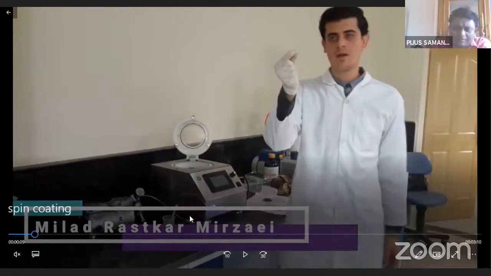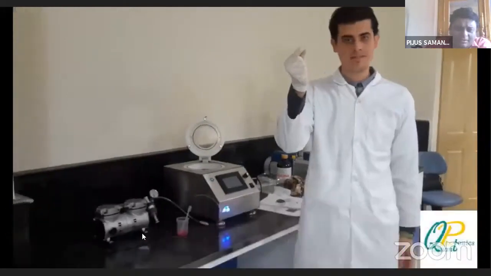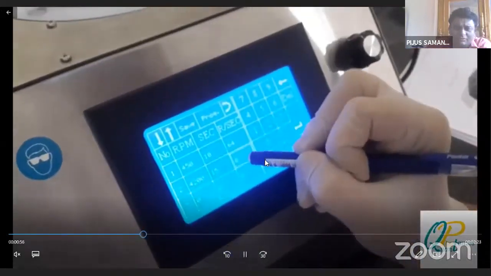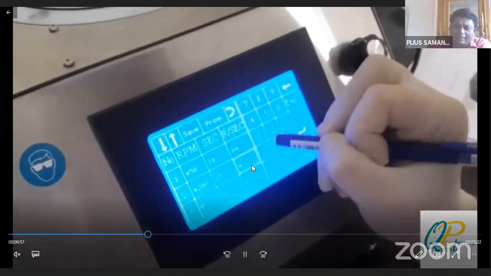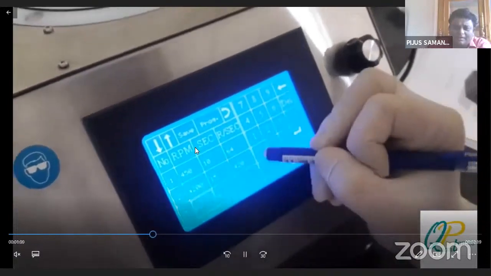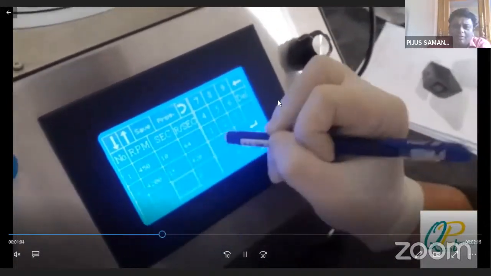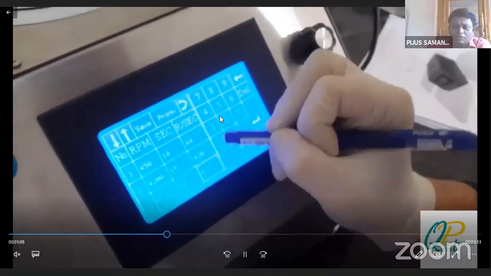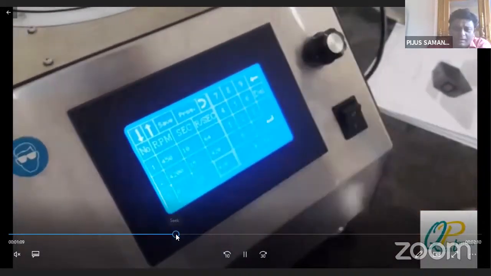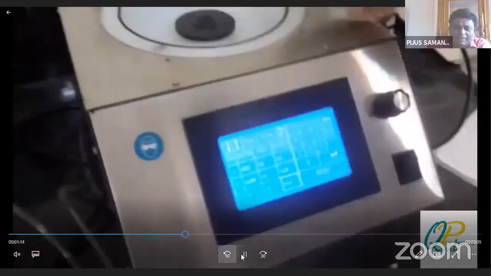And this is the vacuum pump. I will just skip this part. From this panel we can set the different parameters, like how many revolutions there will be and how many coatings there will be. Now I'll show you step by step.